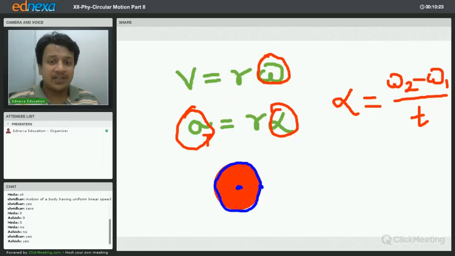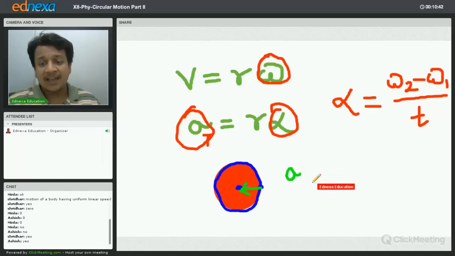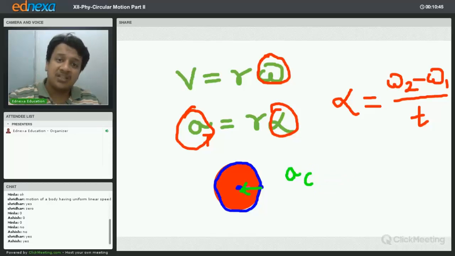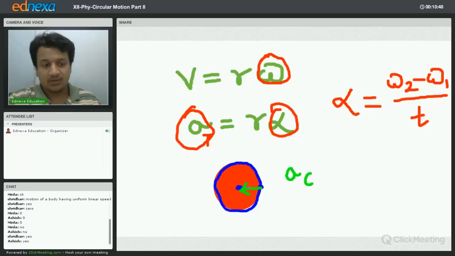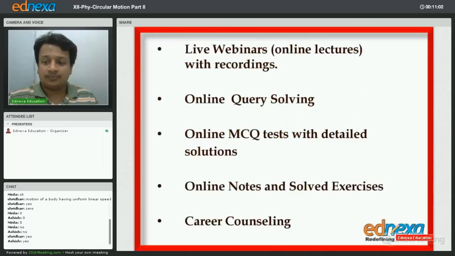So when force is present at the center, the acceleration should be directed toward the center. So this center is going to exert acceleration towards this side, towards the center. Scientists called it centripetal acceleration. Why centripetal? Centripetal means center seeking acceleration. And we are interested in the center seeking acceleration, that is centripetal acceleration. Let's concentrate on the centripetal acceleration now.